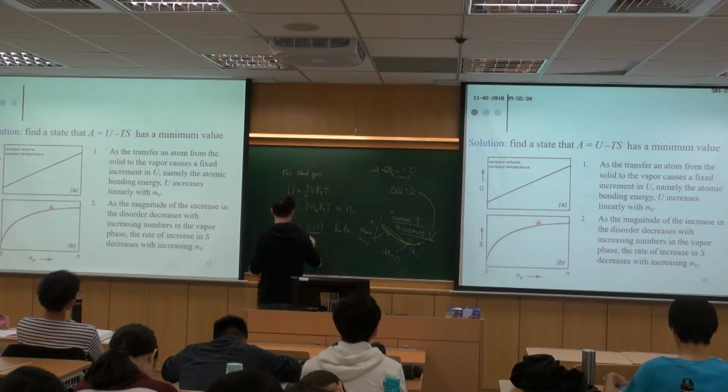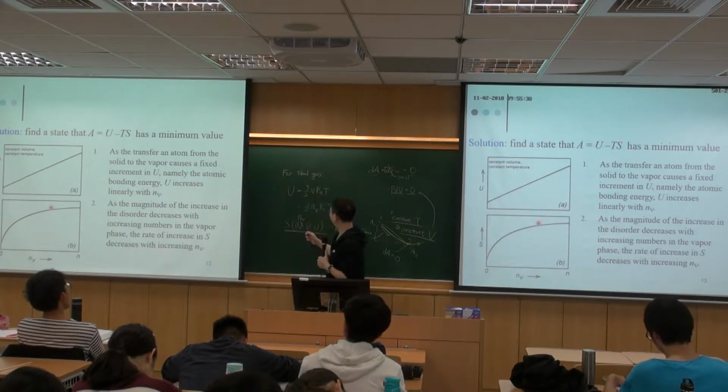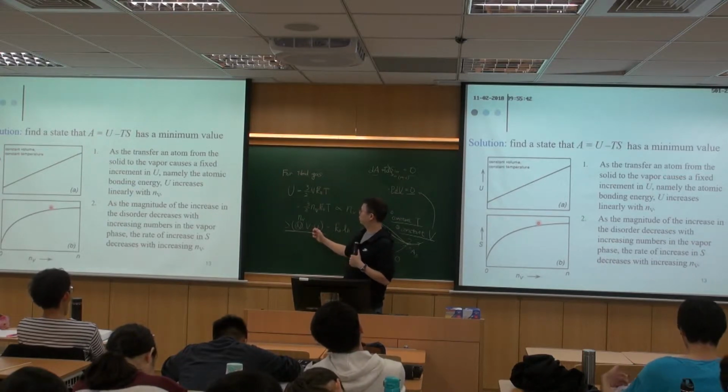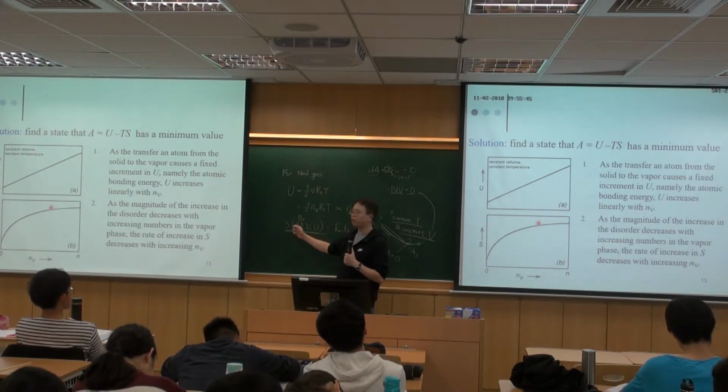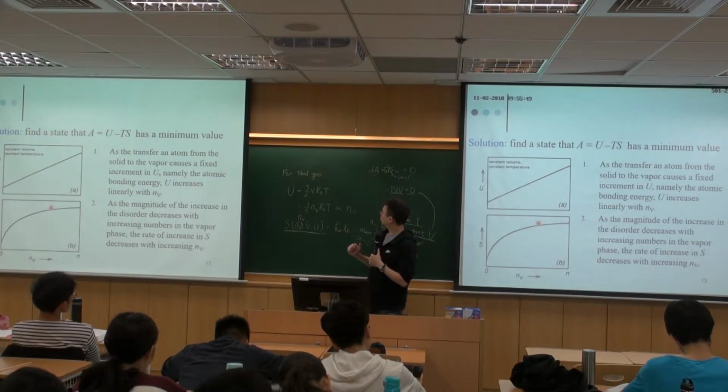So it means that here we're using Mv, with fixed volume and fixed temperature. And when you fix temperature, you fix U. So the entropy only depends on the number of particles in the vapor phase, okay?